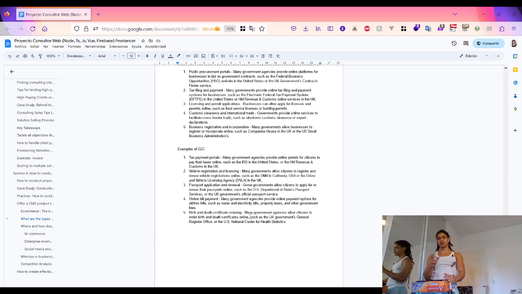And birth and death certificates, such as the UK General Register Office, where citizens can order birth and death certificates, or the US National Center for Health Statistics.